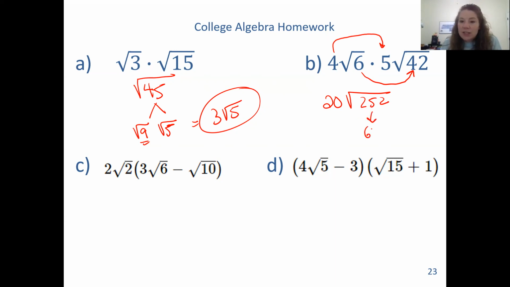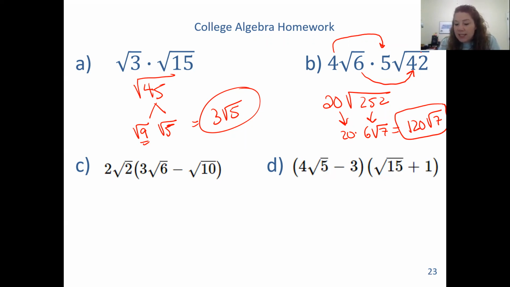So 6 square roots of 7 times 20 is, well, 20 times 6 is 120 square roots of 7. And that would be the answer on that one. And if you put this whole thing in your calculator, I believe it would just give you that exact answer.